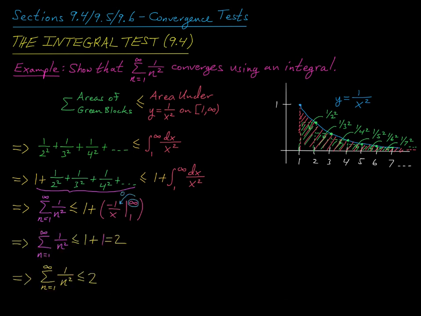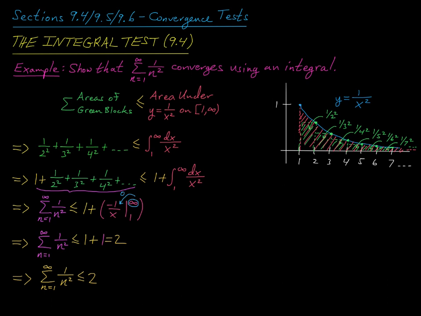Okay, so we go ahead and evaluate, and I'll get a 0 there. When I plug 1 in, I'll get a negative 1, but it's being subtracted. So that implies that this improper integral here converges and has a value of 1. So altogether there, that says that this series is bounded above by 2.